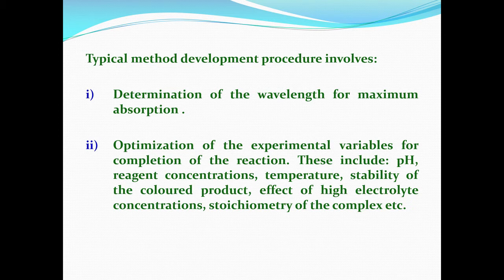Even though I had told you that almost anything can be determined by spectrophotometry, still you will come across challenges for which there is no preset method, no standard method available. Such things happen most of the time because the matrix is different. Now, what is a matrix? A matrix is a substance.